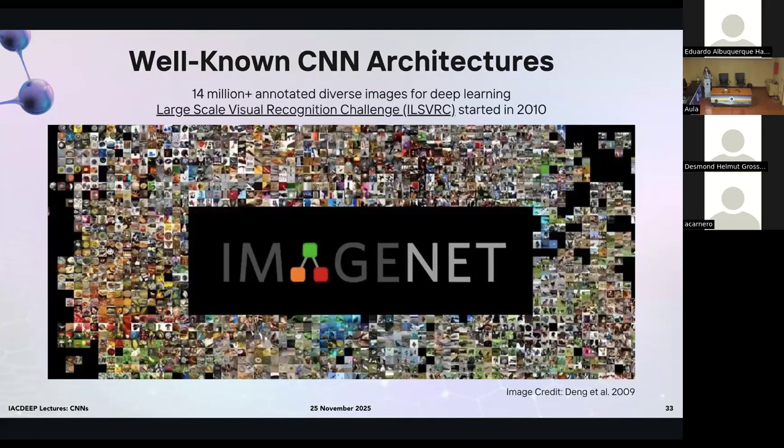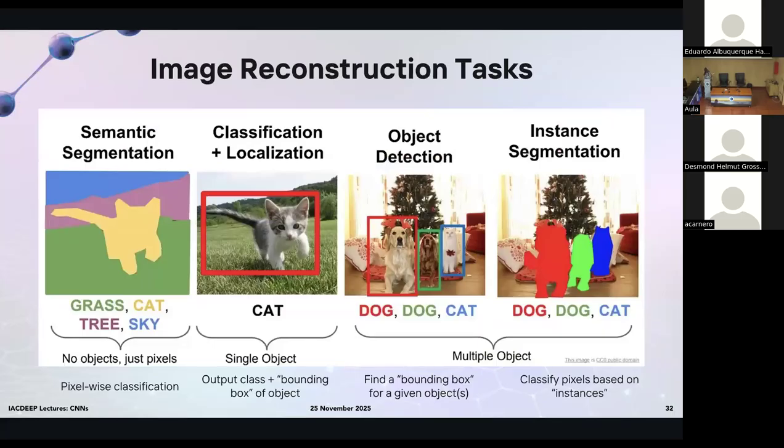Another example would be, oh, there we go. In terms of the difference between instance and semantic segmentation, this is where you're not as concerned about the instances. You're just focusing on the pixels themselves. All I care about is that this pixel is associated with the sky, that pixel is associated with cat. I'm classifying just the pixels.